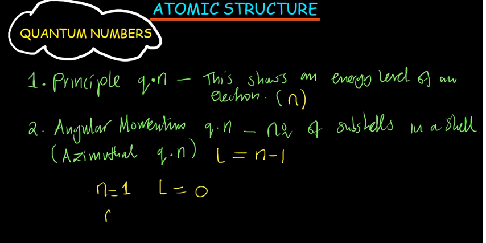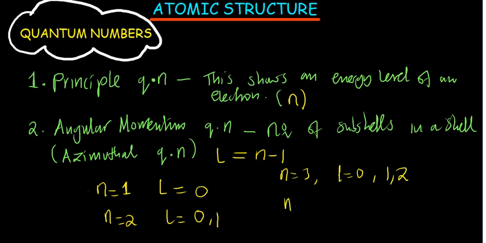For the second energy level, the first L should be 0, and the next one, n minus 1, is 1. For n is equal to 3, we've got L is equal to 0, L is equal to 1, and 3 minus 1, that is 2, so up to 2.